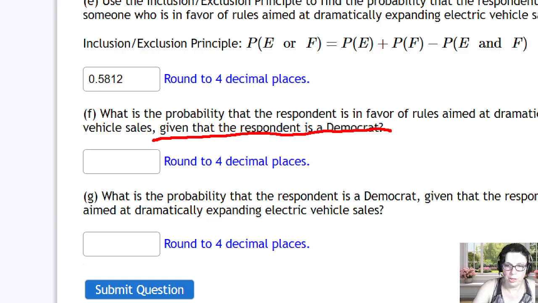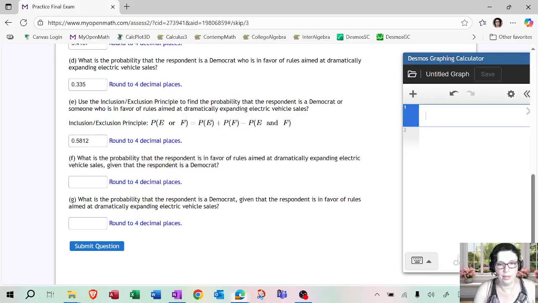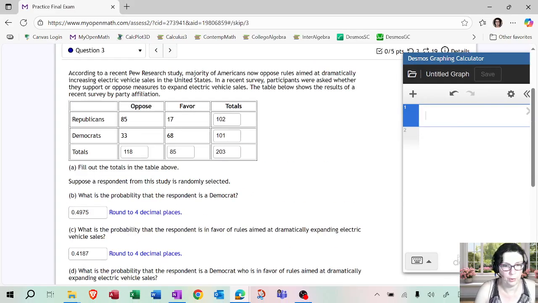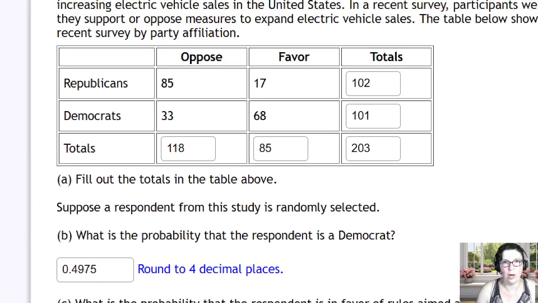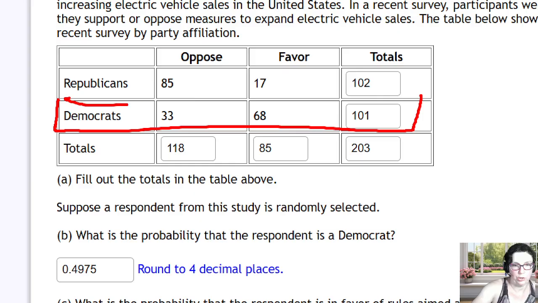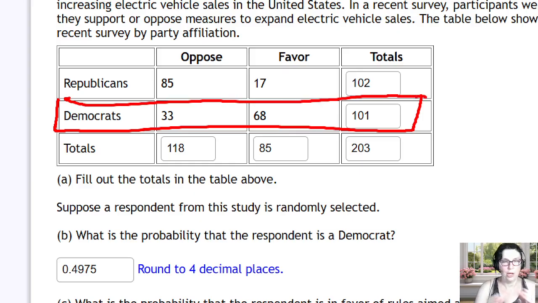So you look at the given part and go to the table and highlight it. Imagine you are a Democrat because you are given that you are a Democrat. You are now inside the Democrats and you don't see anything else. How many of them are in favor? That would be 68.